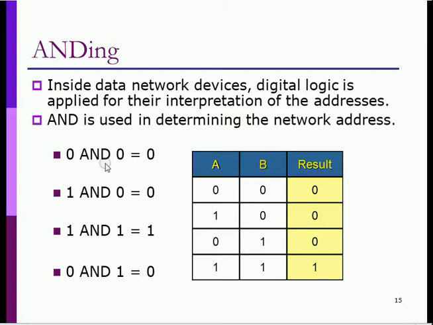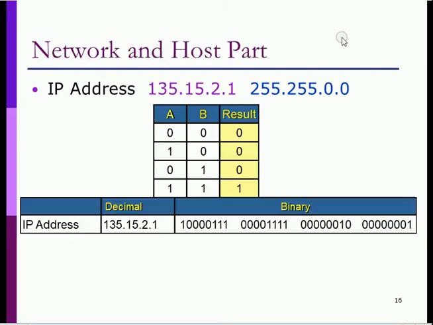As you know, AND of 0 and 0 gives 0, 1 and 0 gives 0, 1 and 1 gives 1, and 0 and 1 also gives 0. If you are studying networking in computer science, you probably know what AND is by now, so let's not spend time there. So you have this IP address, which is 135.15.2.1, and you have this subnet mask, which is 255.255.0.0.